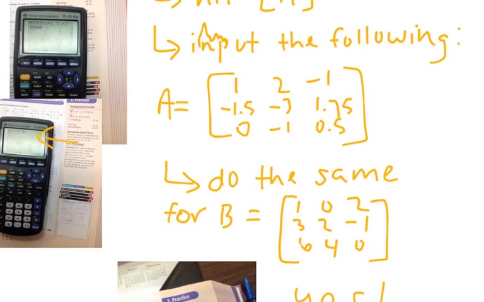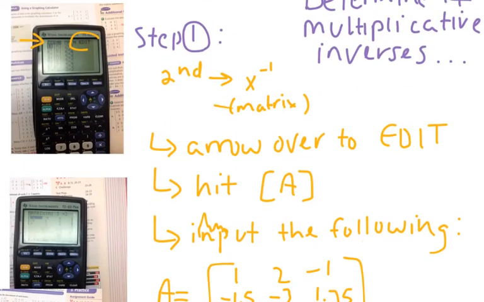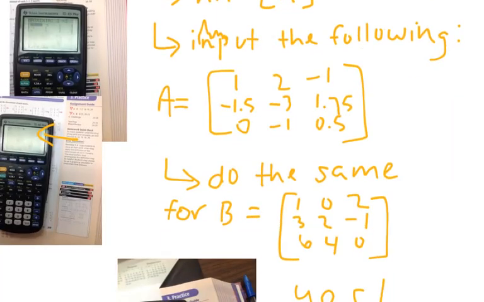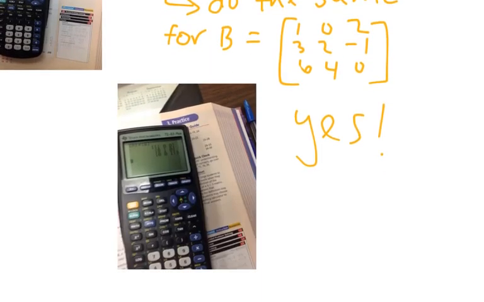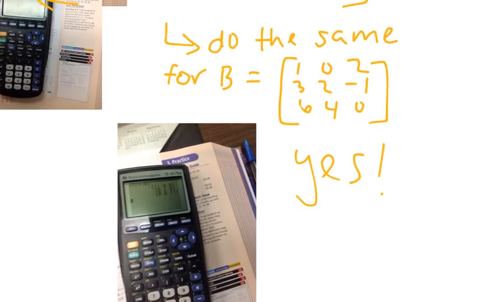Go to second x inverse or second matrix, highlight your matrix A, hit your multiplication sign, highlight your matrix B and then hit enter. And you should get your identity matrix.